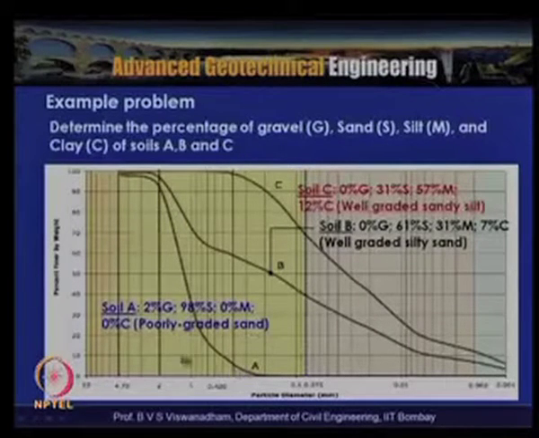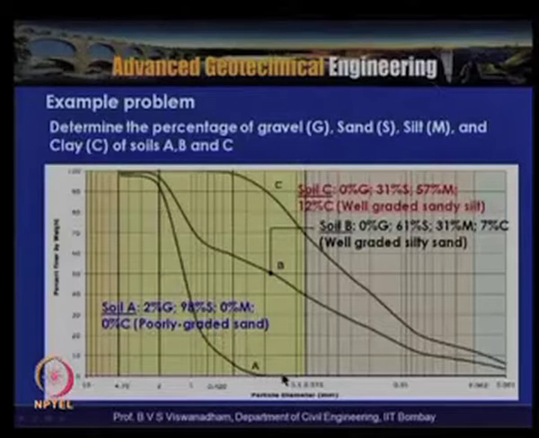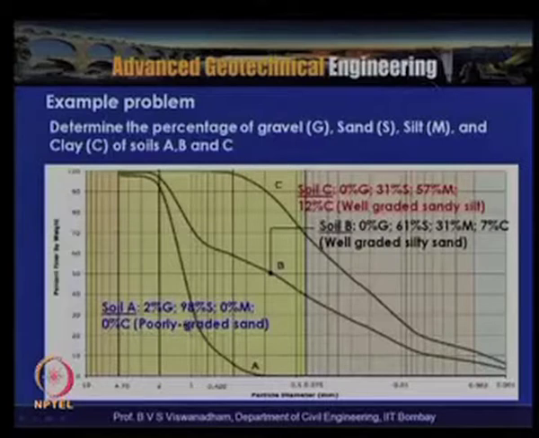If you look at soil A, it has 2% gravel, which is very little, followed by 98% sand, and the curve is asymptotic here, with 0% silt and 0% clay. Hence, this is nothing but a poorly graded sand.